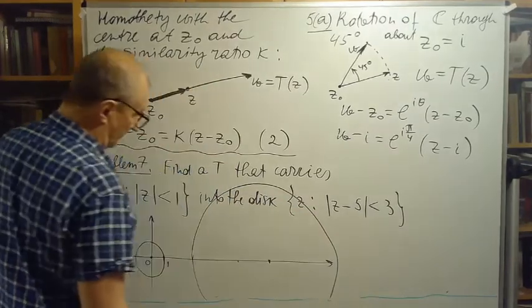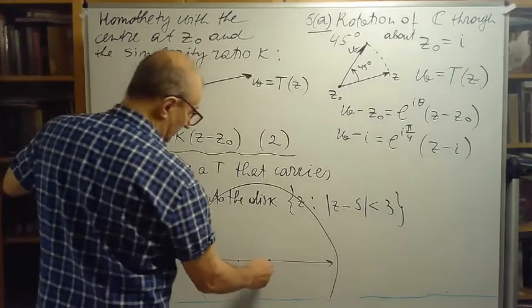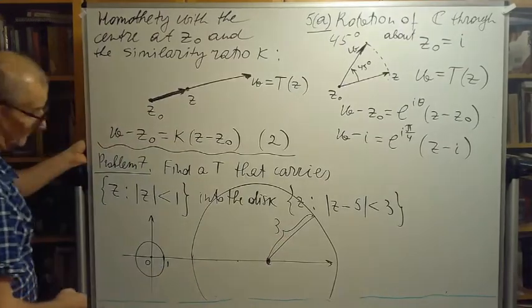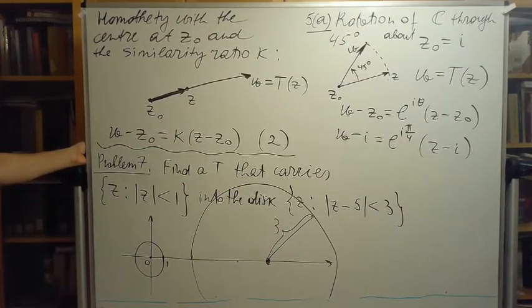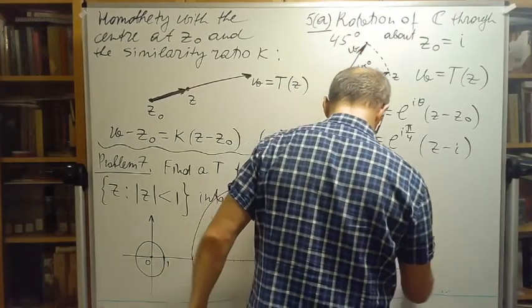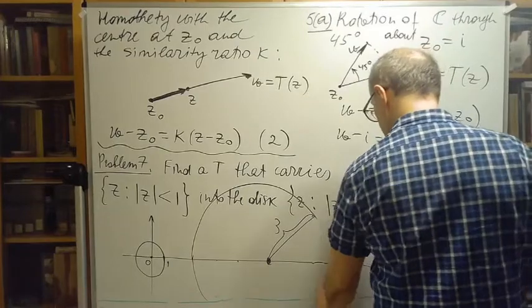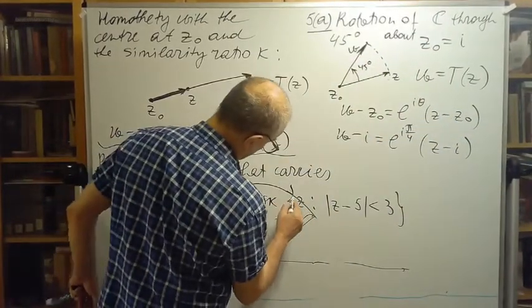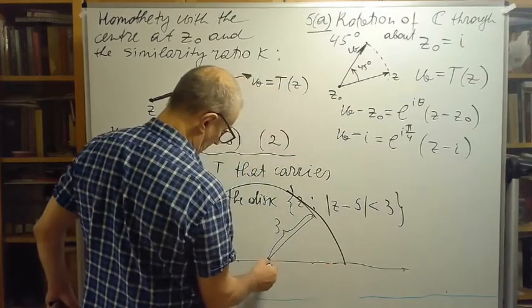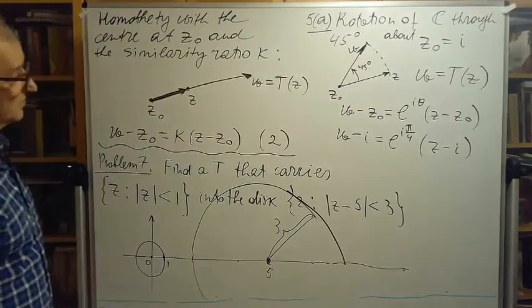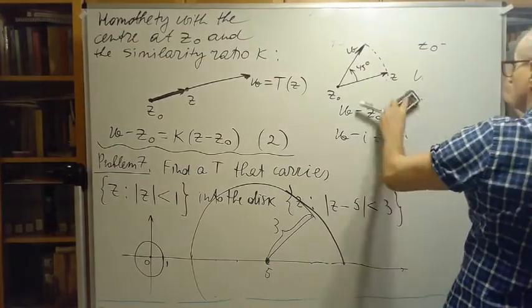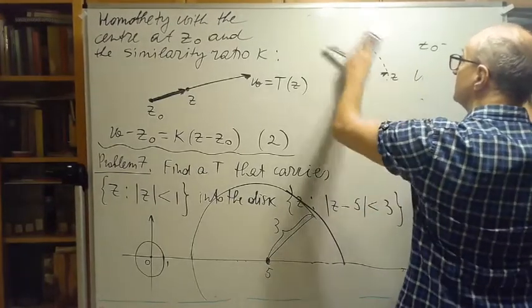I don't even have enough room to show the whole disk, but the radius of this disk will be 3. This is 0.5.